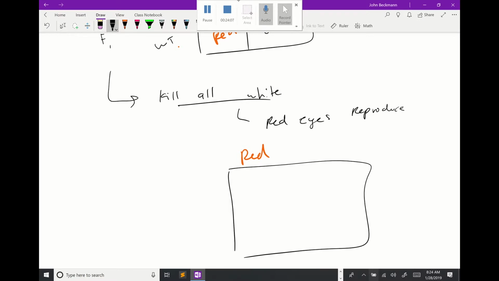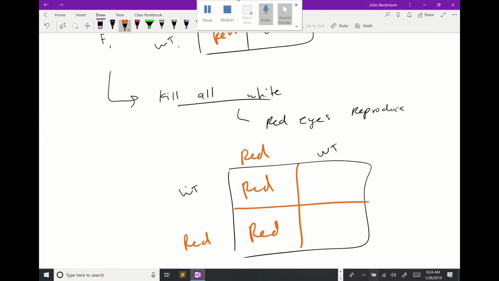So you have wild type, but now you have red, wild type. So now this one is going to be red, red, red, white. Now it's 3/4 red, right?